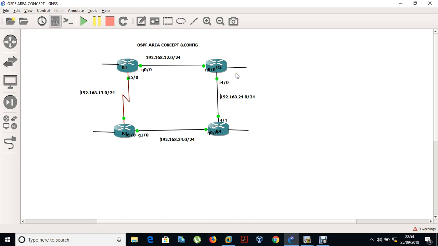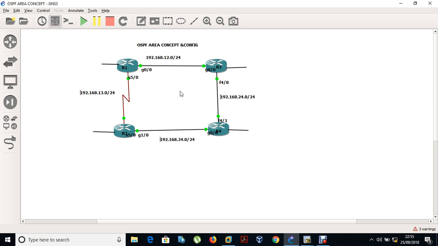Within an area, the routers have their own internal updates that they send if an interface goes down, for example, and comes back up.